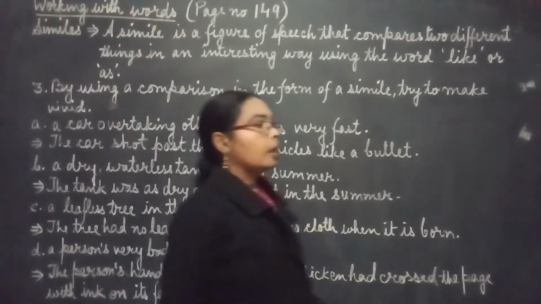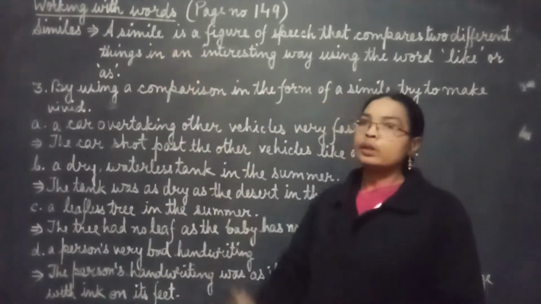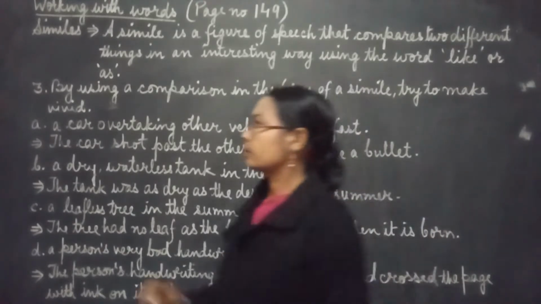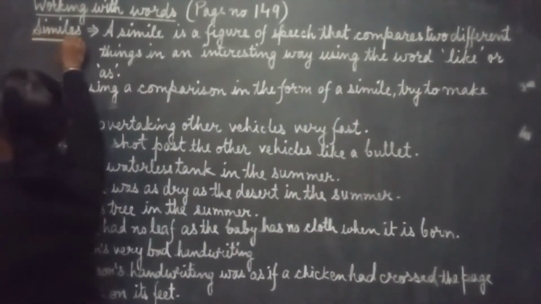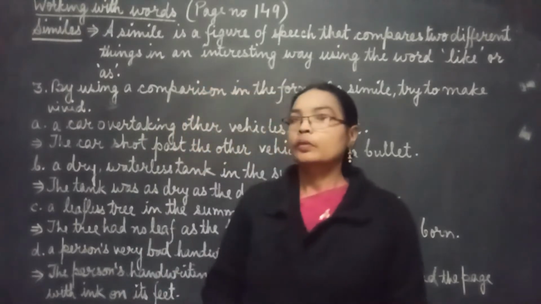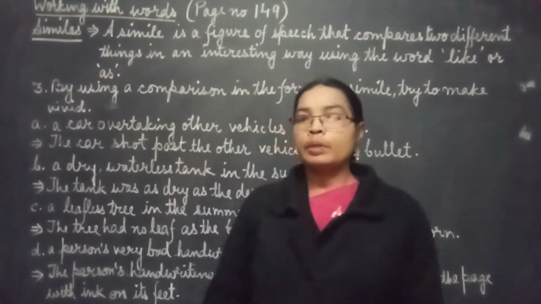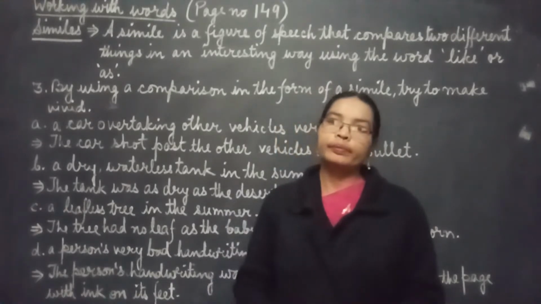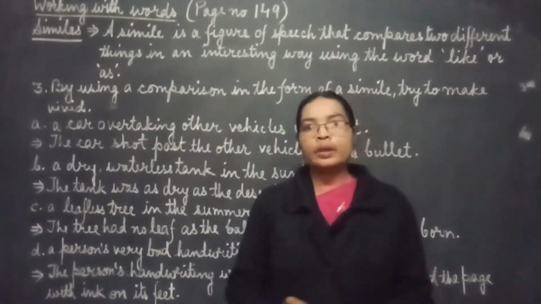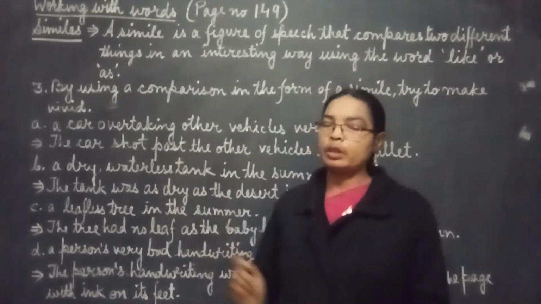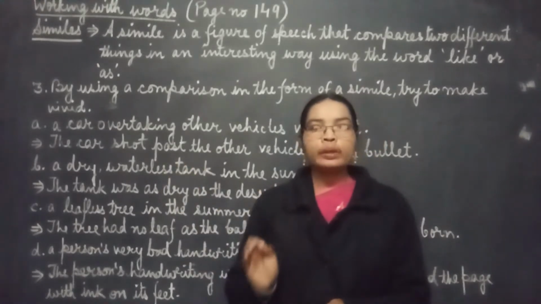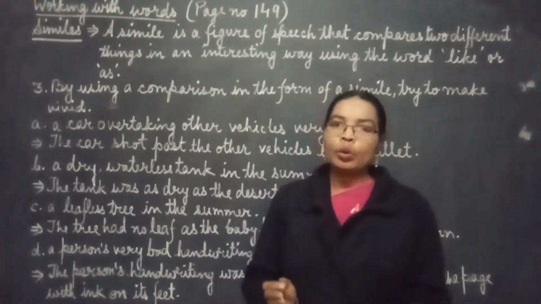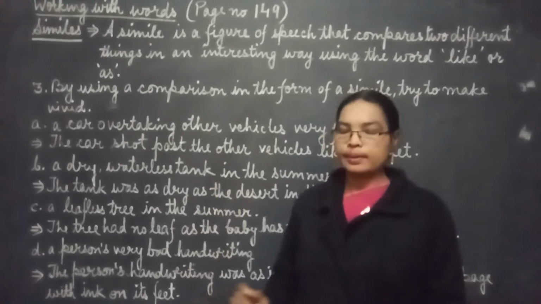In it, one term is given, that is similes. After similes, one exercise is given for us to solve, and the exercise is related to the term simile. So, to solve the exercises, let us know what a simile is. Then only we can solve our exercise.